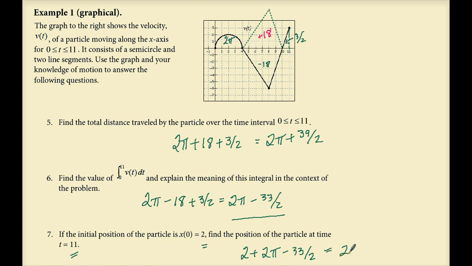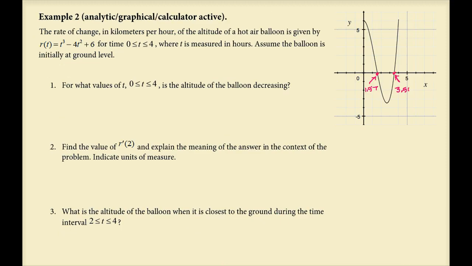This becomes 2 pi minus 29 over 2. That is the position of the particle at t equals 11 if it was at 2 at time t equals 0.